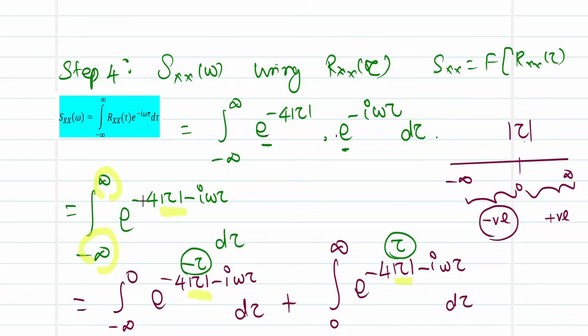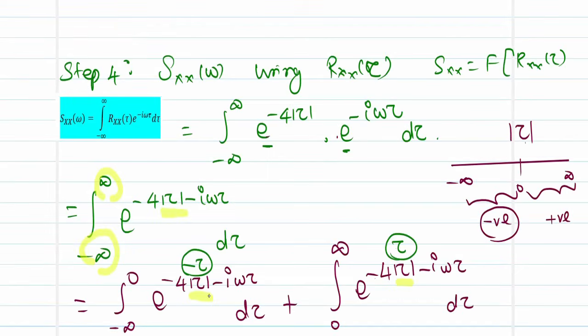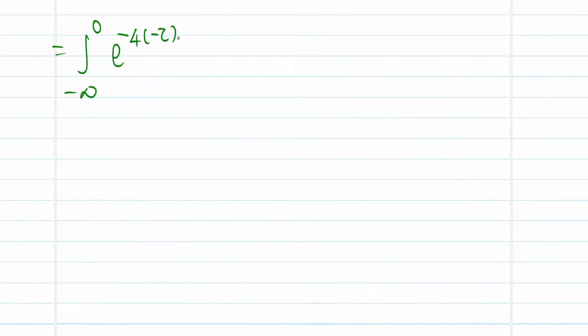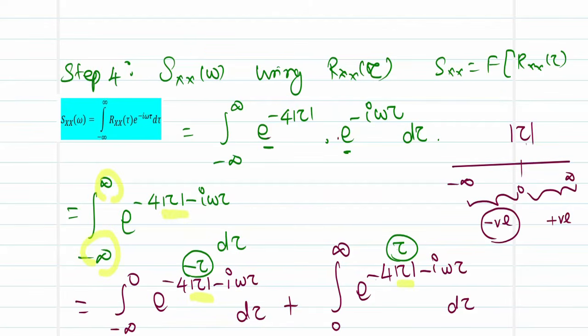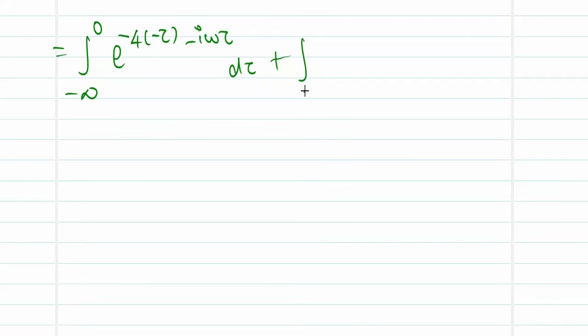So we can rewrite our statement in the next page as integral minus infinity to 0 e power minus 4 into minus tau, because tau is going to take negative value, minus I omega tau d tau. This is going to be my first part. Second part is plus 0 to infinity e power minus 4 tau, as tau becomes positive, minus I omega tau d tau. So this is going to be my quantity.